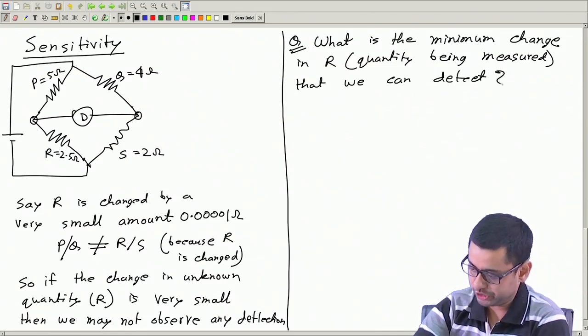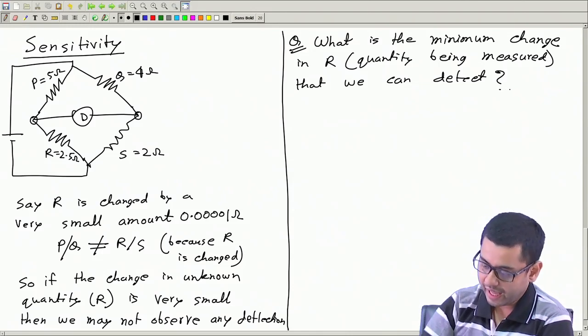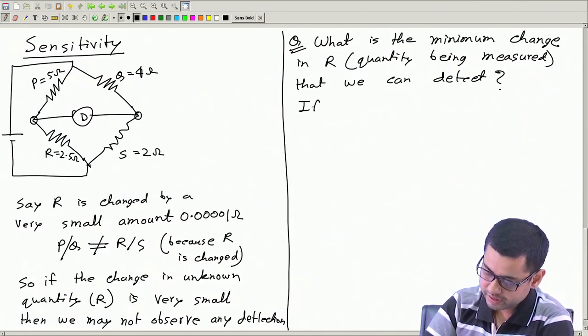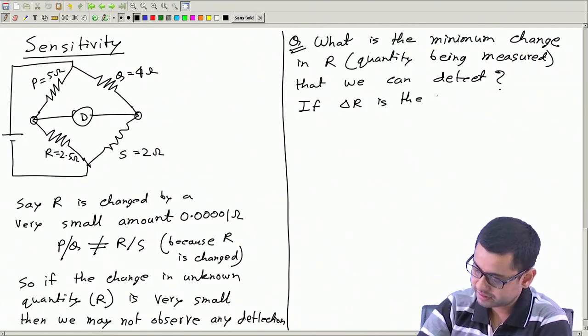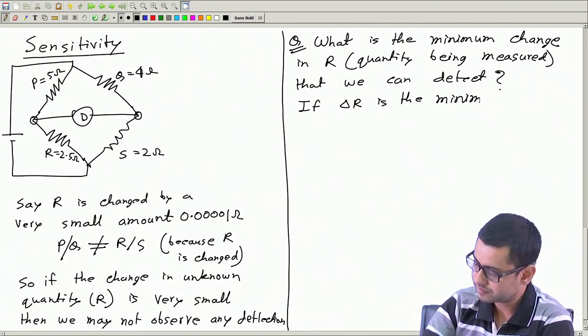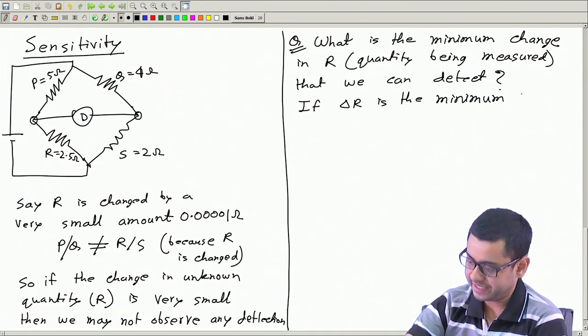Say delta R is the minimum detectable change.